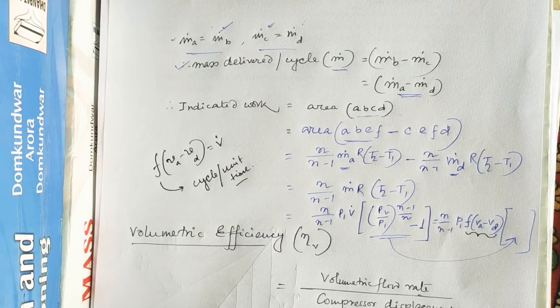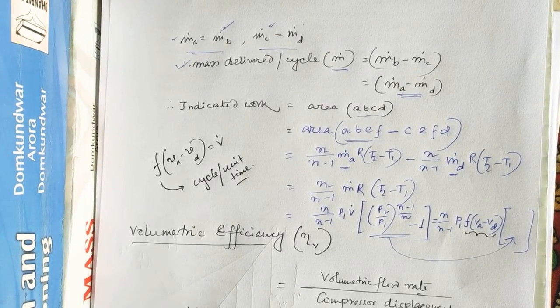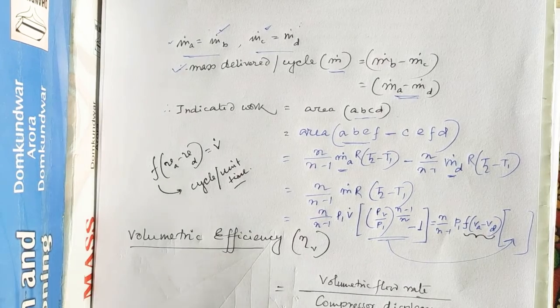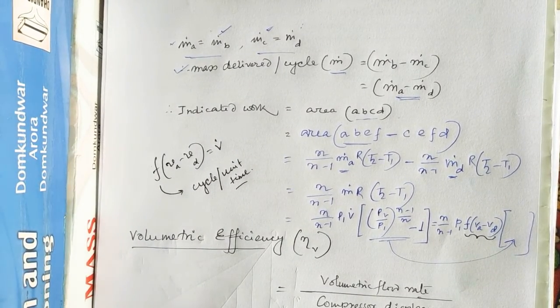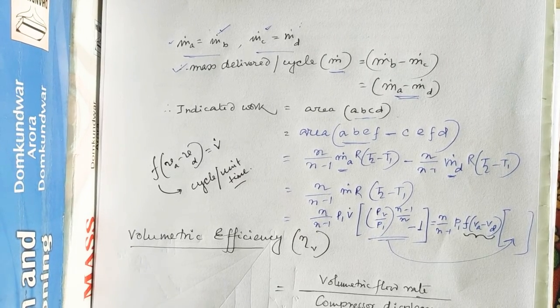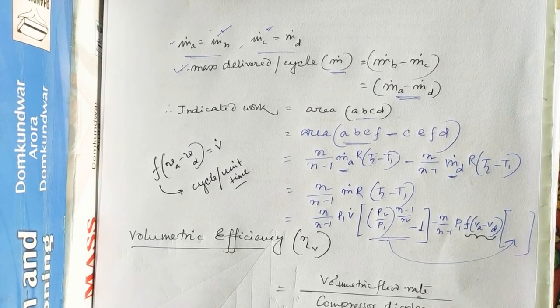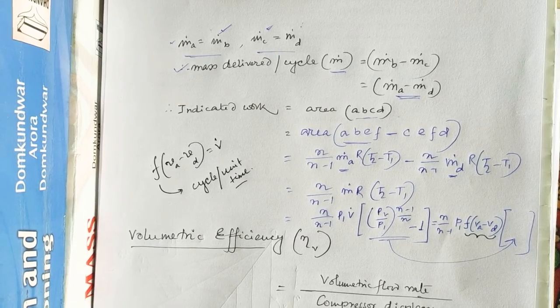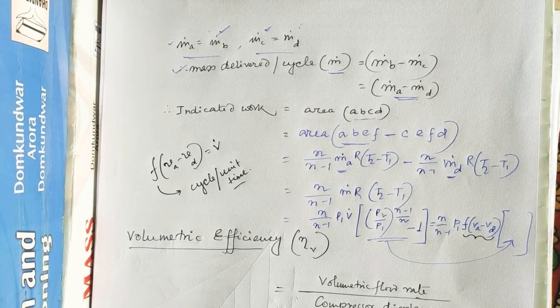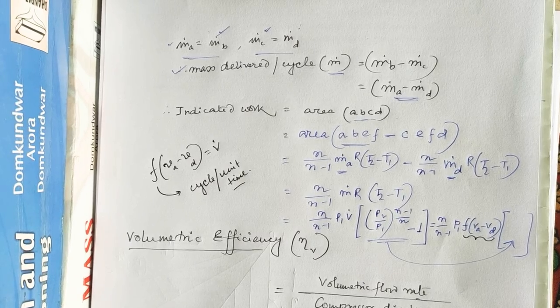Next topic is volumetric efficiency. We know that if we consider a standard refrigeration or air conditioning system, then the compressor will be connected, one end with the evaporator and the other end with the condenser. Now for a given evaporator or condenser pressure, the compressor will be operated between constant evaporator and constant condenser pressure.